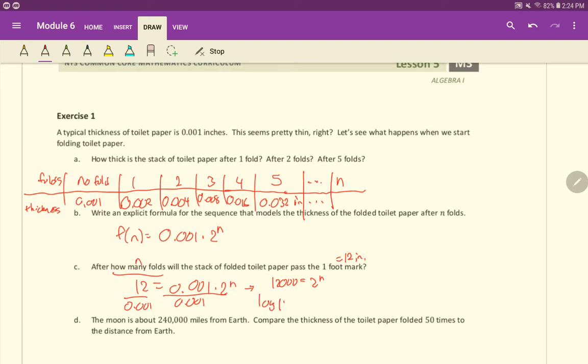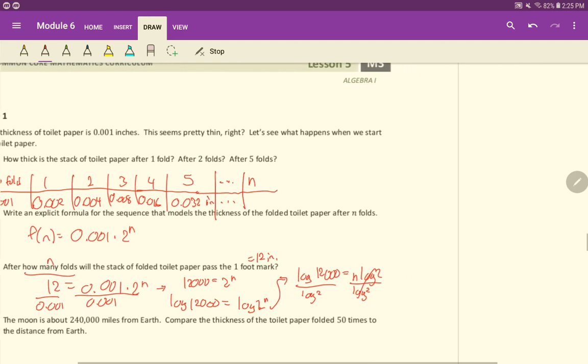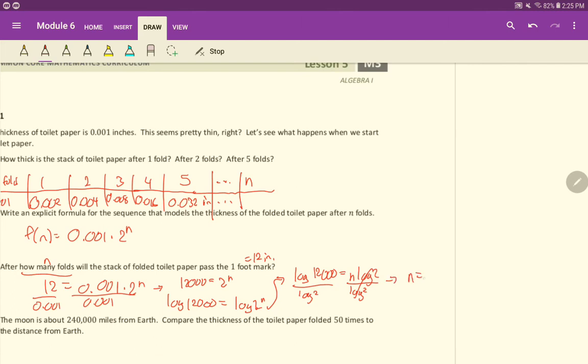So we'll do log of 12,000 equals log of 2 to the n. That allows us to bring that n down out front. So we'll have log of 12,000 is equal to n times log of 2. Divide both sides by log of 2, and we'll have n is exactly log of 12,000 divided by log of 2.